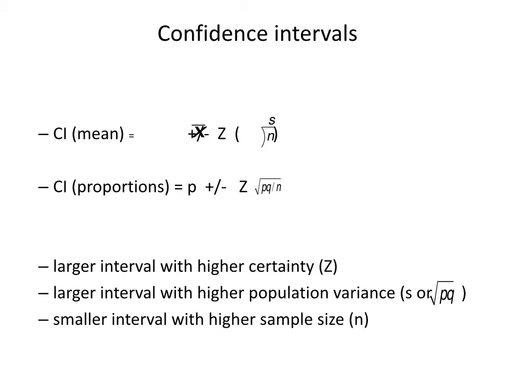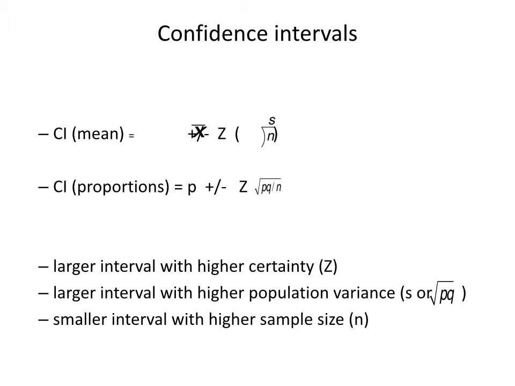Confidence interval, CI, about the mean can be computed as x bar, which is the sample mean, plus or minus z times the standard error of the mean, s over the square root of n. The confidence interval about a proportion is equal to p, the sample proportion we observe, plus or minus z times the standard error of the mean for proportions, which is the square root of pq over n.